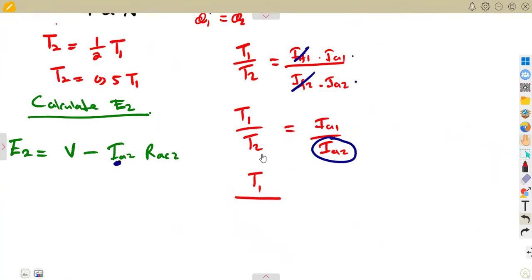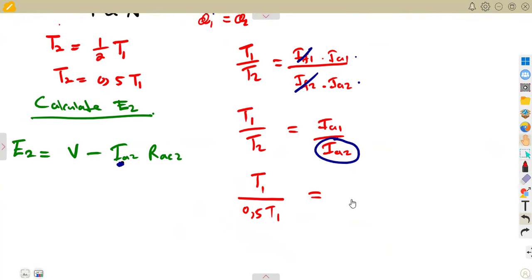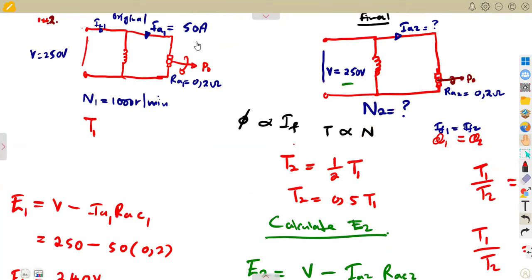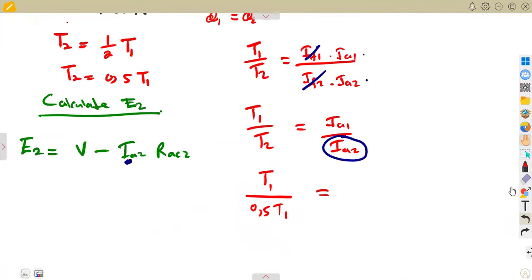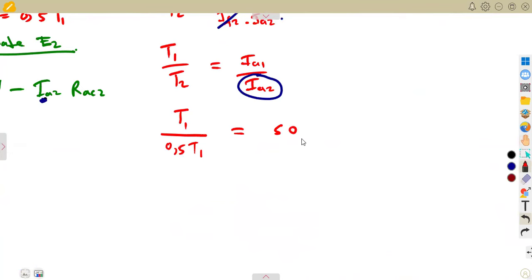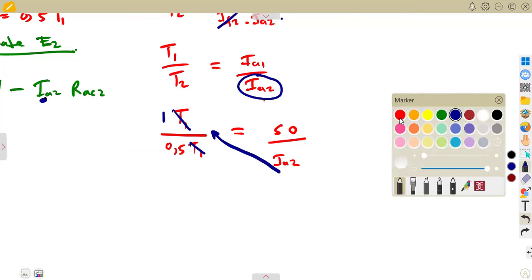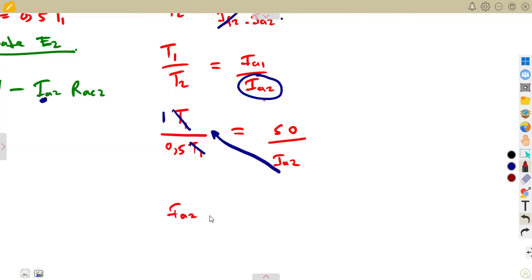So in place of T2, you write 0.5 of T1, which is equal to armature current 1, which was originally given as 50, over what you need to calculate, the armature current 2. So T1 will cancel, leaving 1 times armature current 2. Cross multiply: armature current 2 is equal to 0.5 times 50, which gives us 25 amps.